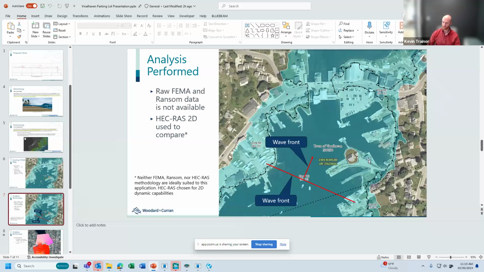And so we made an assumption for the wave height, and essentially drew a line across here and propagated the waves into the harbor, at the parking lot area, to see what the difference between the existing condition and the proposed condition would be from a circulation and reflecting wave energy perspective.